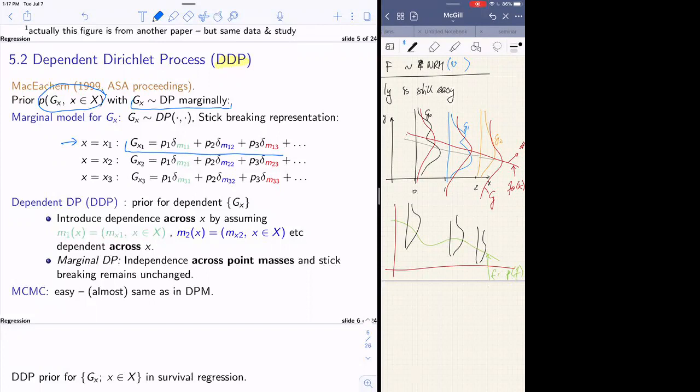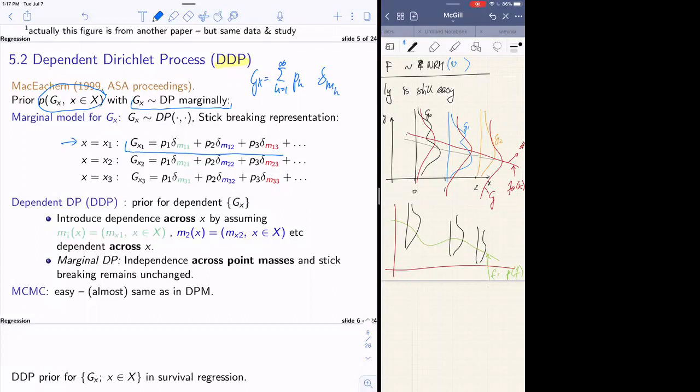We can always write a Dirichlet process random measure as a summation of infinitely many atoms, because it's discrete, where each of the atoms has a probability mass p sub h at a location m sub h.